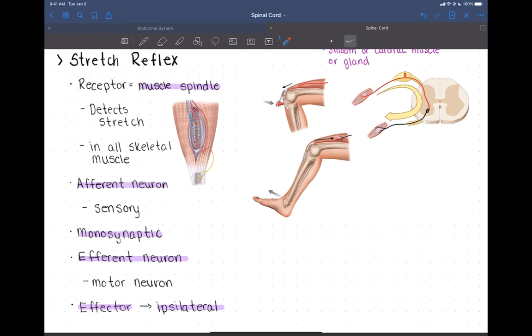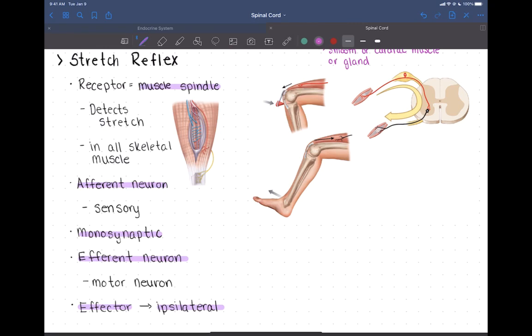All of our muscles contain these muscle spindles, so technically you can do this stretch reflex on all muscles, although some are much easier to demonstrate than others. The easiest one, typically the one you see at a doctor's office, would be here, where you hit the knee and the leg extends.